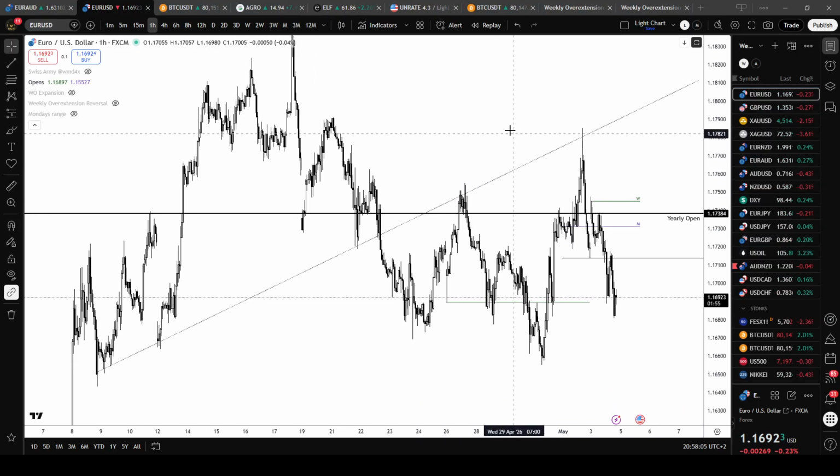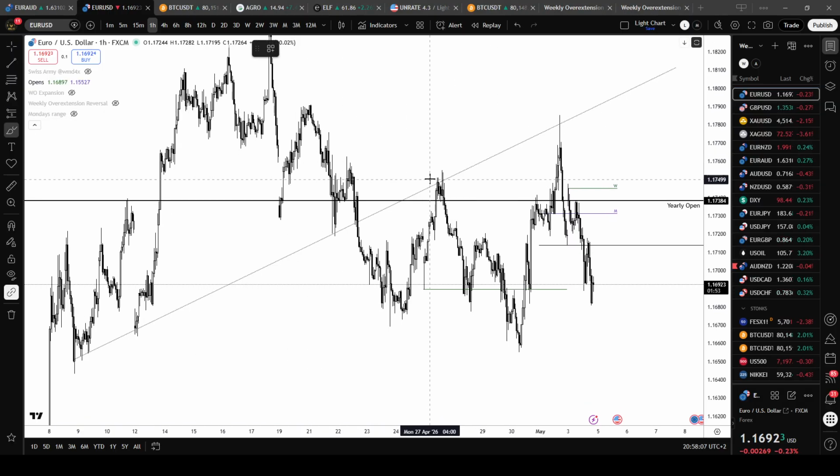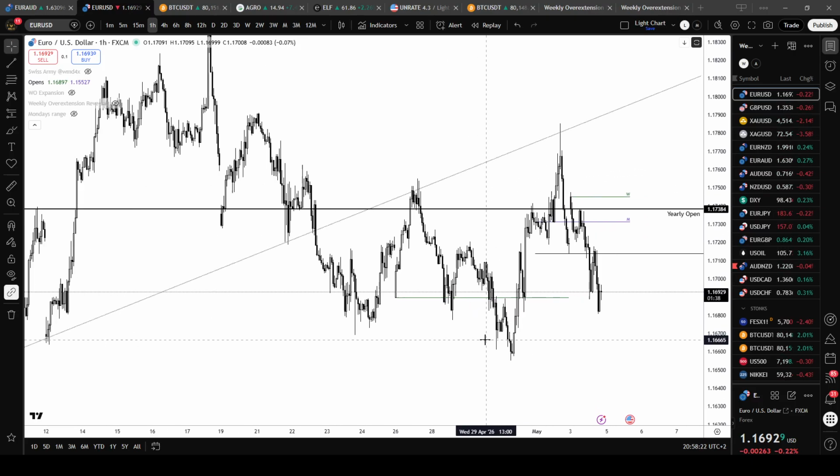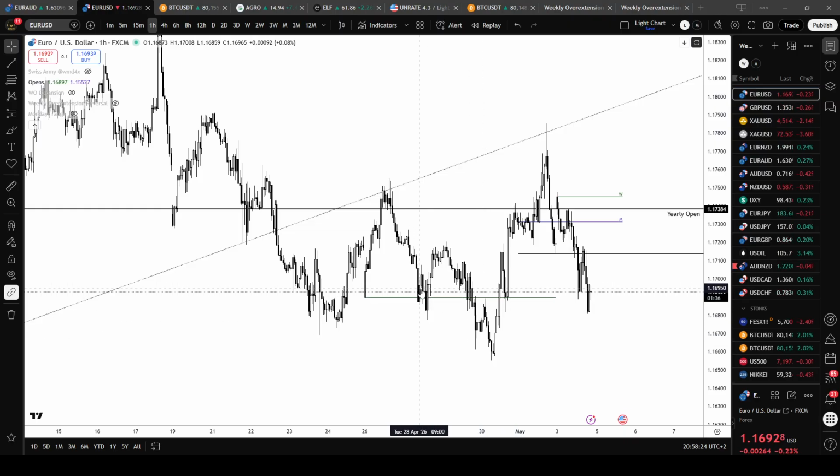So the market sells off from that trend line, trades into the weekly open, and if we were mainly bearish, what I wanted to see was a break below the weekly open.